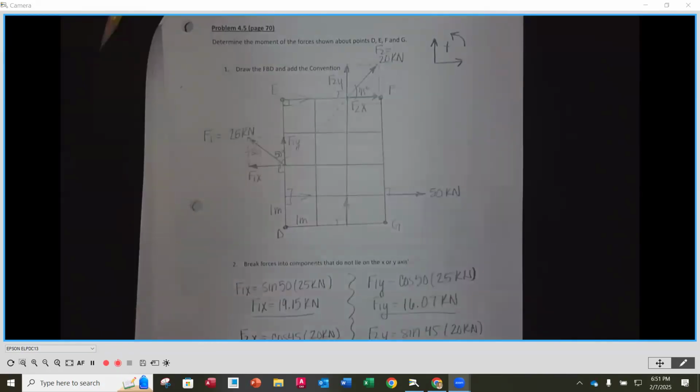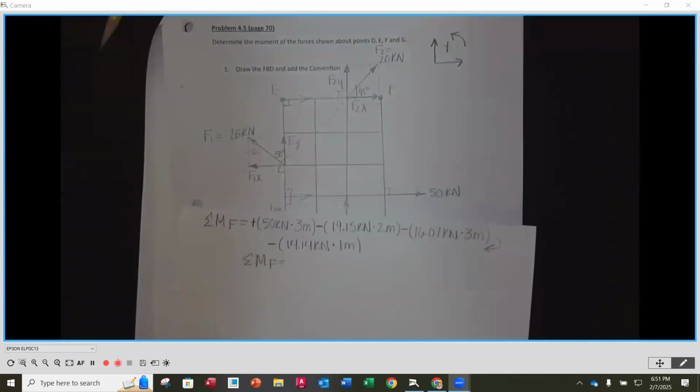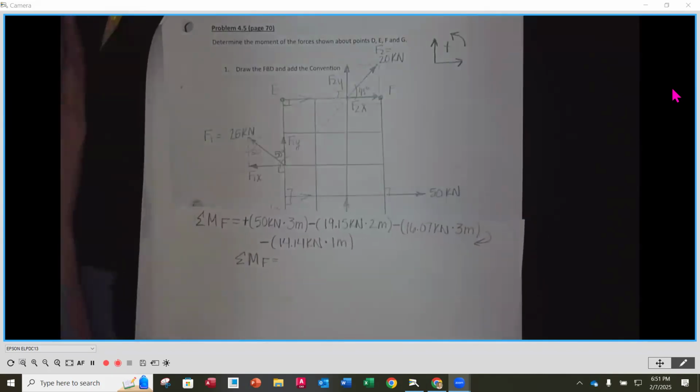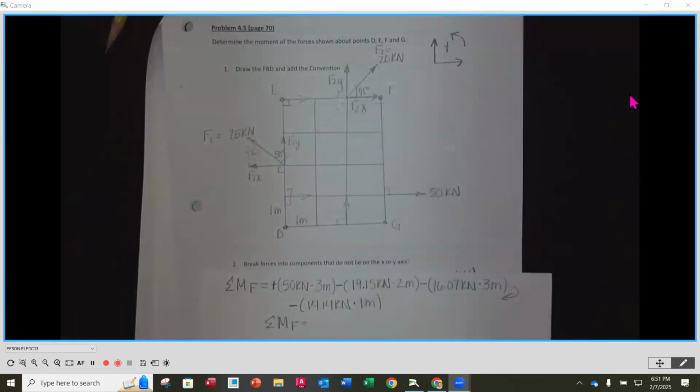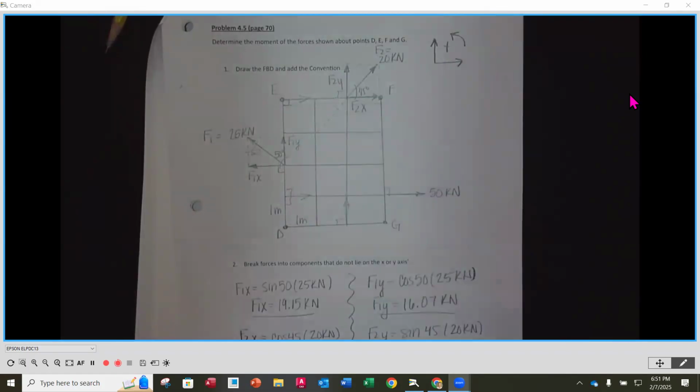So there are people commenting in the chat. Oh, yeah, I see that. Okay. Hold on. Is F1 3 meters away or 2? Let me see. F1. Oh, it's 3. I think I did. Did I do 2? That's okay. That's why we check it. Oh, no. F1Y.